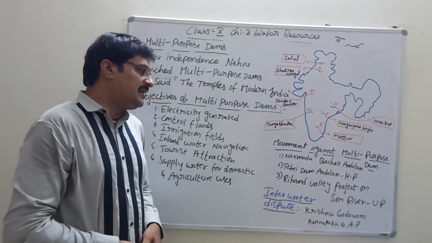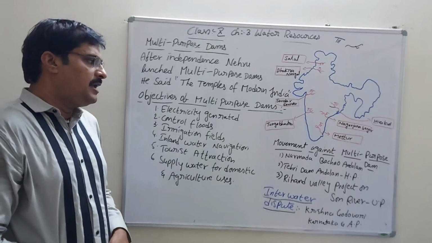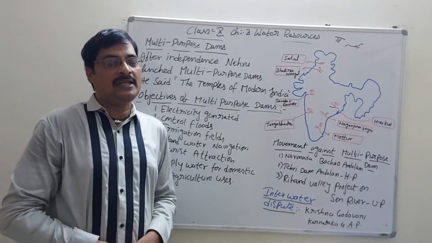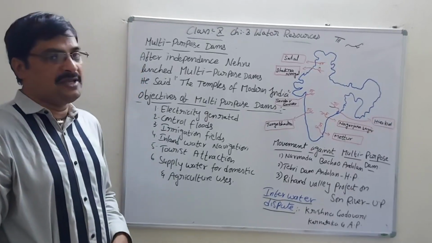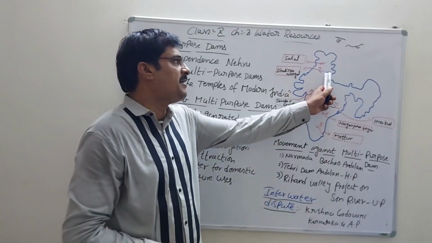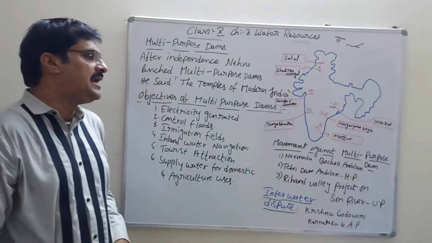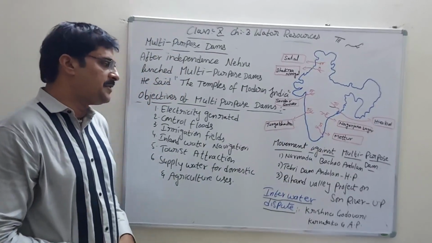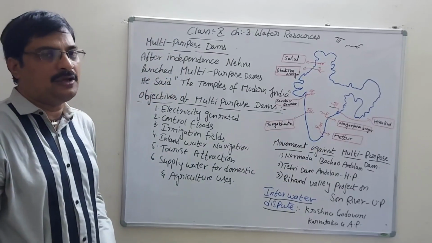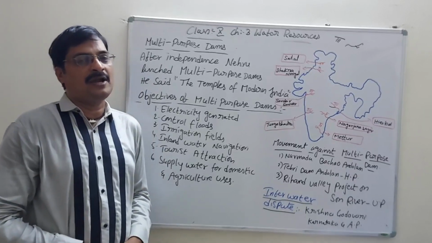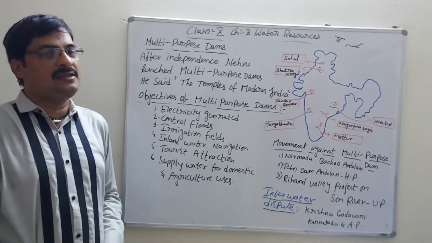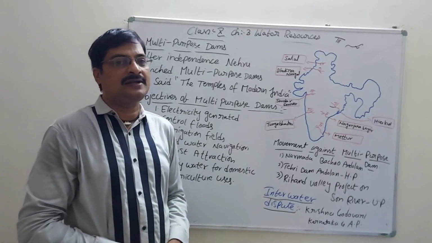In the same way, there is the Tehri Dam Andolan in Himachal Pradesh, and this is the place of Himachal Pradesh. Here also one dam is there, the Tehri Dam. People have the same attitude and face the same kind of problems in Himachal Pradesh because of constructing the dam.